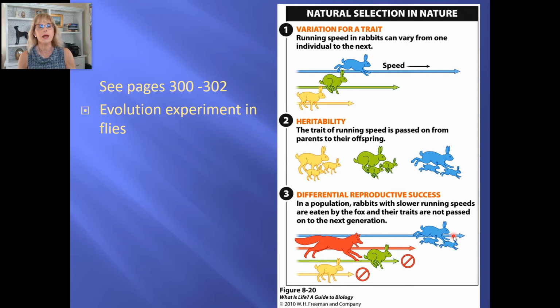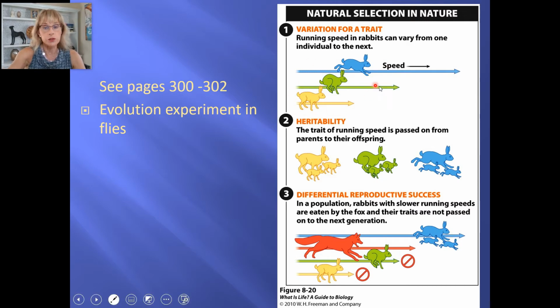Now, let me give you an example. This is pages 300 to 302 in your textbook. I don't know if I've got the latest edition of the textbook. But here you can see that if there are different alleles for how fast rabbits can run, and you introduce a very fast predator like a fox, a predator that doesn't sneak up on things and pounce on them but chases them, then being a very, very fast rabbit, that allele would be very adaptive.